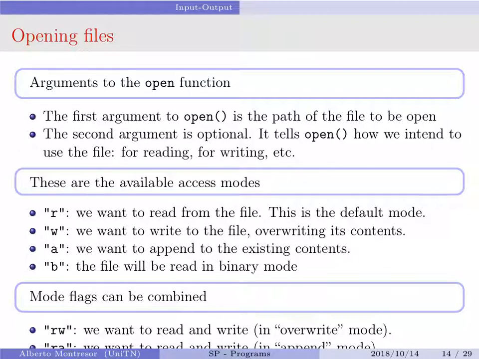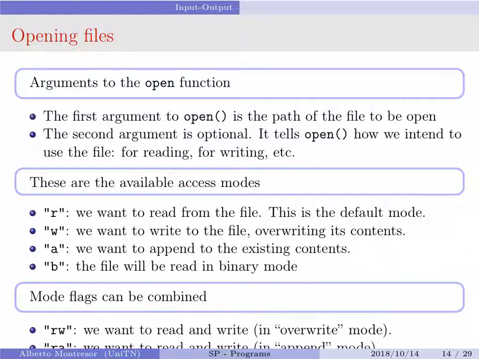The arguments to the open function are like this. The first is the name of the file that you want to open. It's actually a path, so it may contain slashes to mean files that are in folders, directories, and so on. The second argument is optional, which means that normally you open a file for reading.